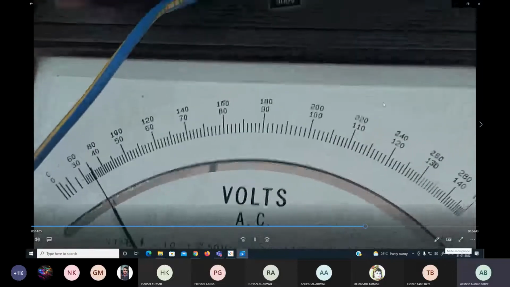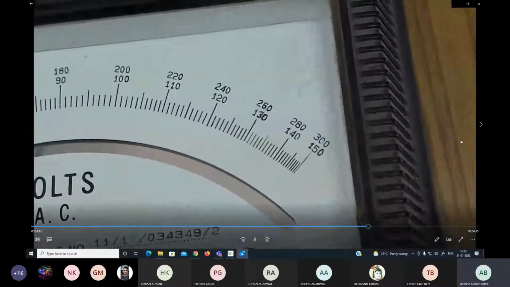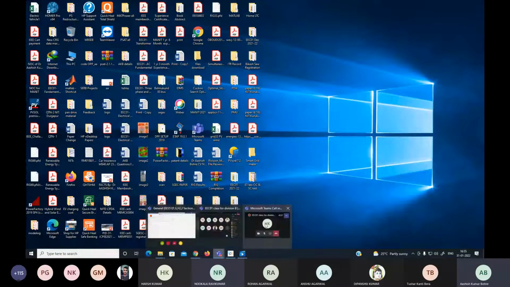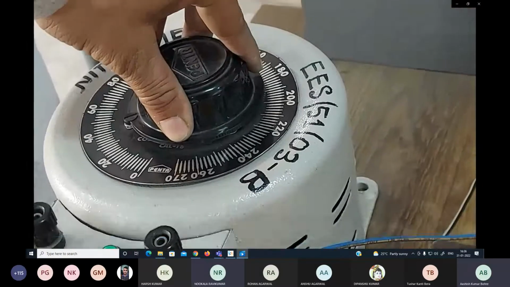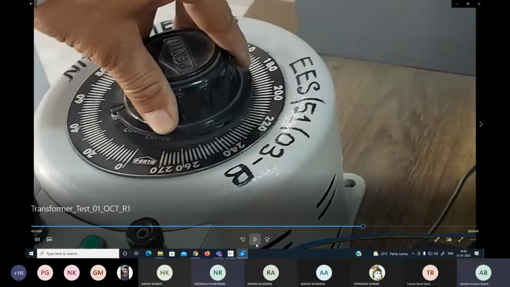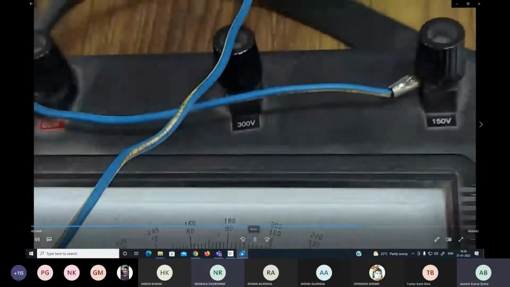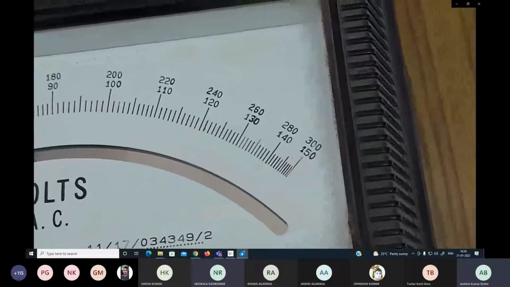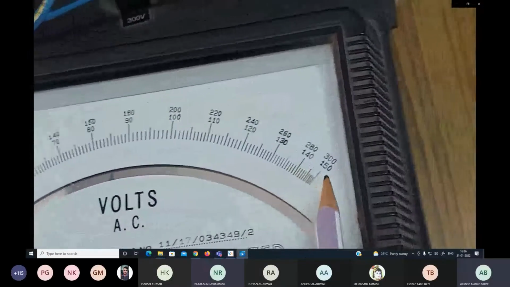We have connected at the 150 side, so you see two readings on the scale, and the 150 range is the lower scale. If it is connected at 300, then you have to see the upper scale. Now you have to see the lower scale for the 150 range.